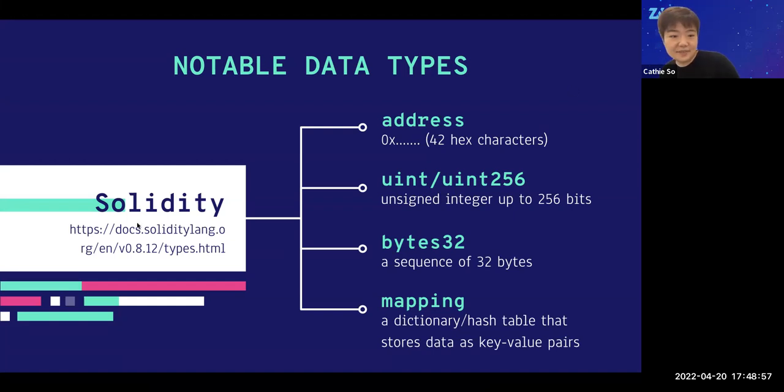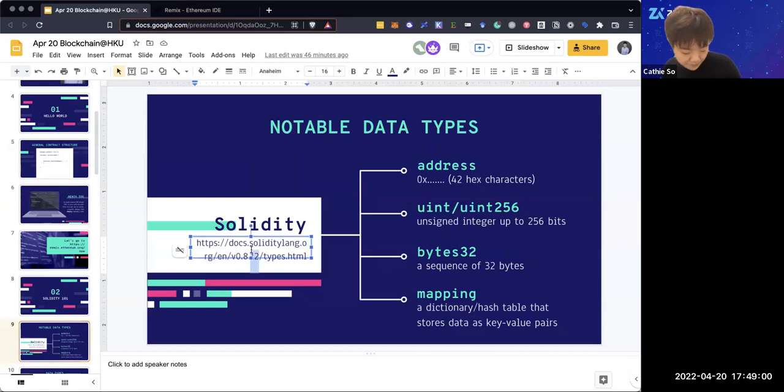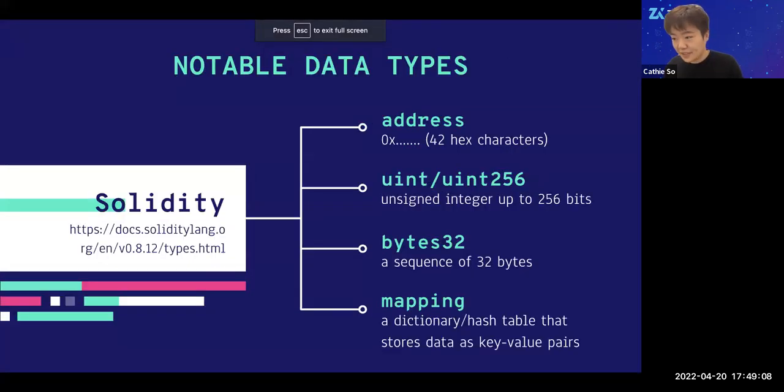Let me find the right one. Okay, the variables is for another time. Anyways, data types in Solidity. This is not all the data types, as I said. You can see that in the link I just sent. There will be a lot more, but these are some important data types that, number one, we will see in our NFT contract, number two, some are unique to Solidity, and number three, they are important.